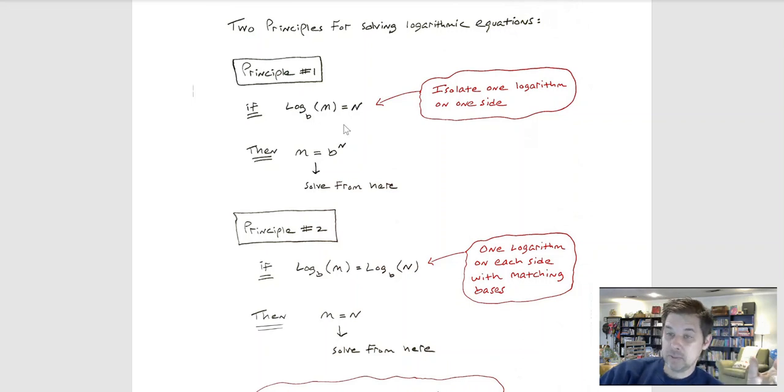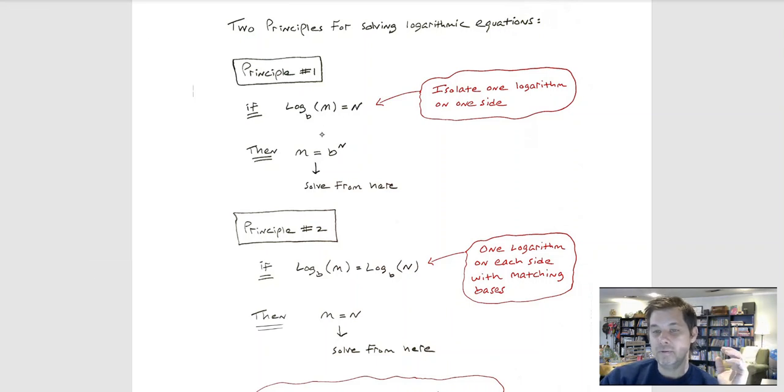The first principle applies to this situation where you can isolate one logarithm on one side of the equation, like this. Maybe you start there, or maybe it takes a few steps to get to that point.